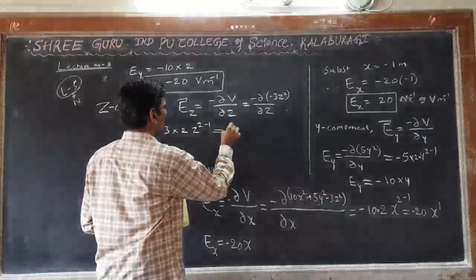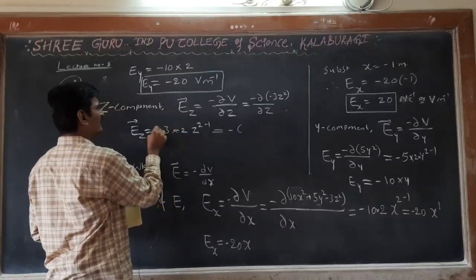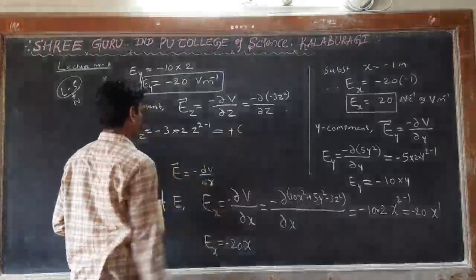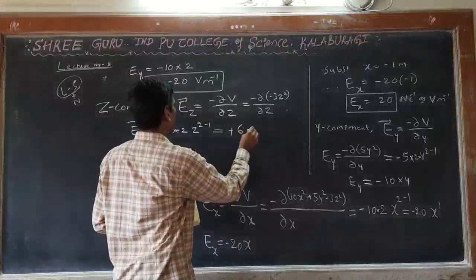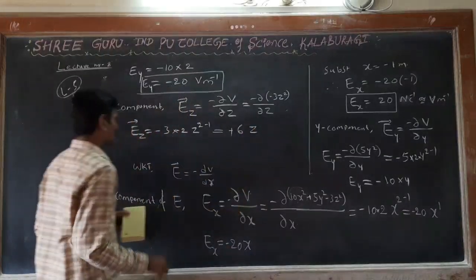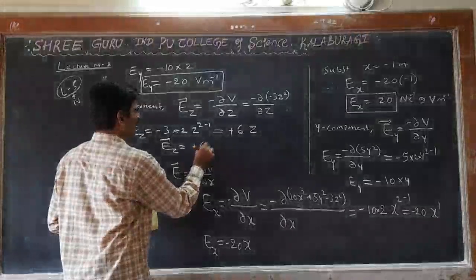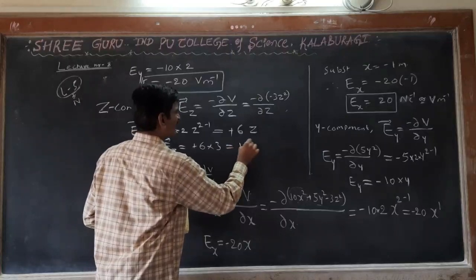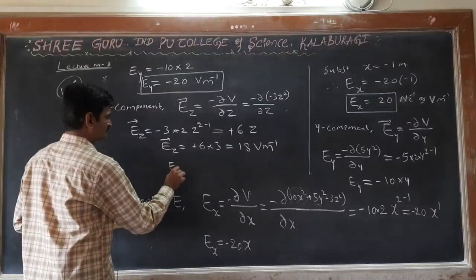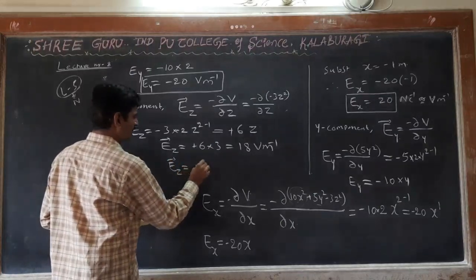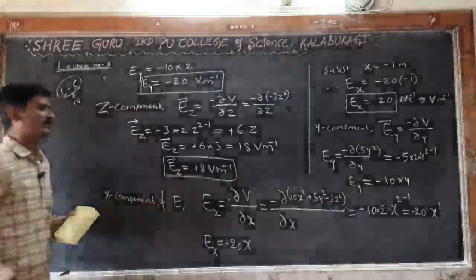This minus is also there, so minus into minus becomes plus. 2 into 3 is 6, 6 into z, and z is 3, so Ez is equal to plus 6 into 3, that is 18 volt per meter. This is the z component of the electric field.